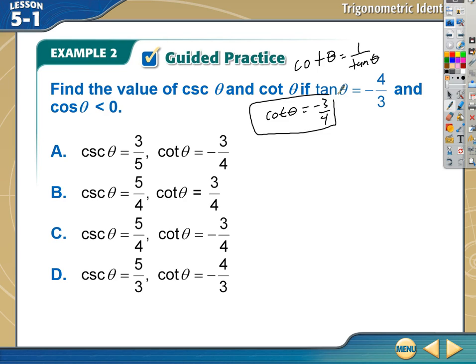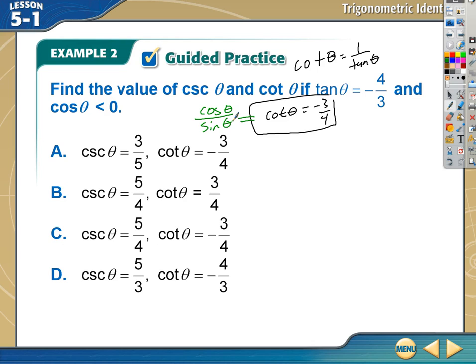Okay. So shoot, already took away 2 answers. That was quick. That was easy. So one of the other things that we should take away from this is they give us another piece of information that cosine is less than 0, excuse me. Cosine of theta is less than 0. Why is that important? Because cotangent of theta is also equal to cosine of theta over sine of theta.